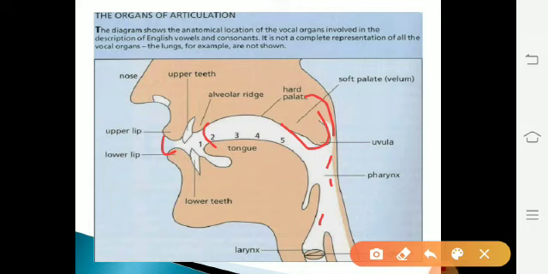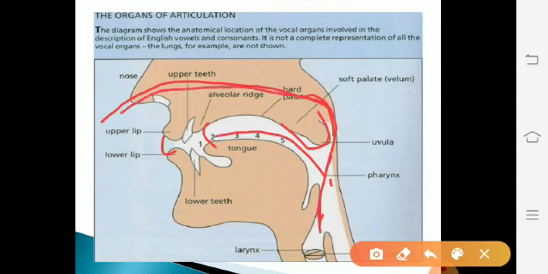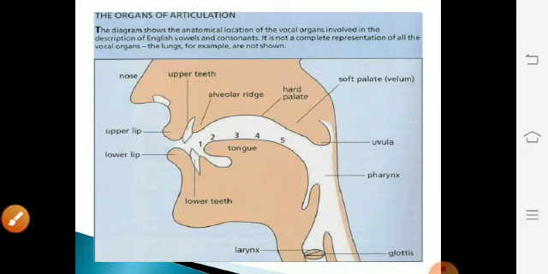So the air escapes through the nose. The sounds produced are called nasal sounds.